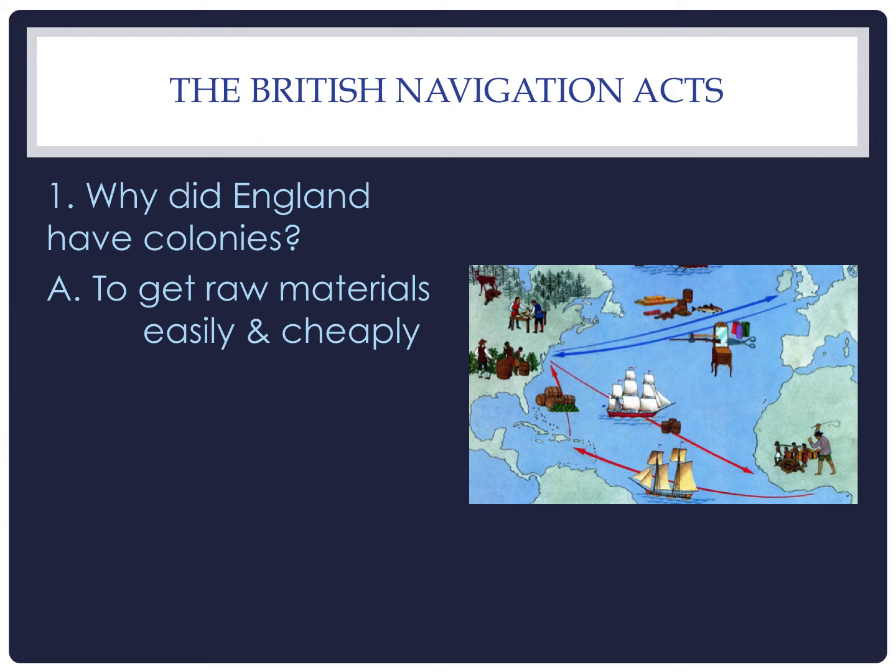It doesn't have a lot of raw materials like wood, for example, or a lot of good farmland that's available. But the colonies do, right? You have this huge area of North America where there's tons of wood, there's tons of great farmland. And so you can use your colonies to get raw materials.